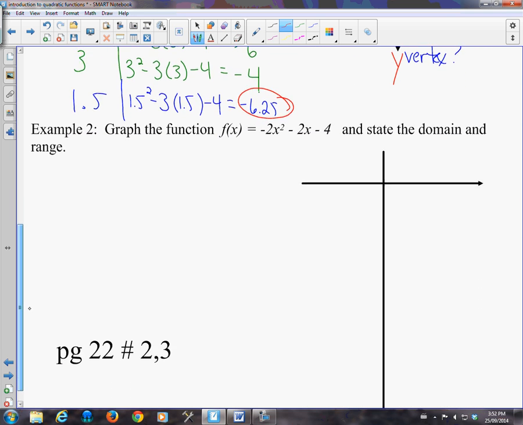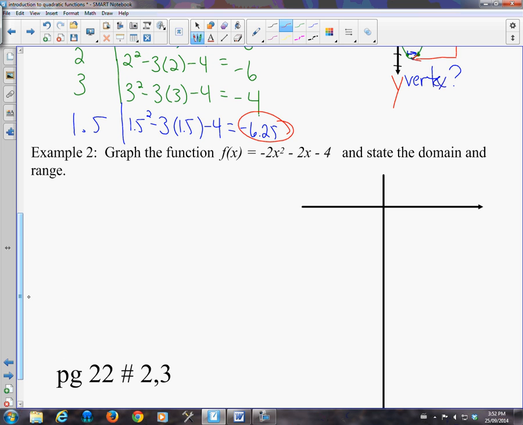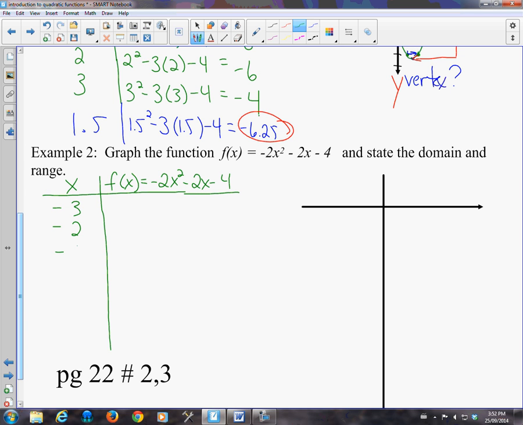Second example. Graph the function, state the domain and range, same deal. We're going to make a table. It's just written in function notation, nothing different than the first one. So if I put negative 3 in for x, you can stop the video if you want and figure them all out.